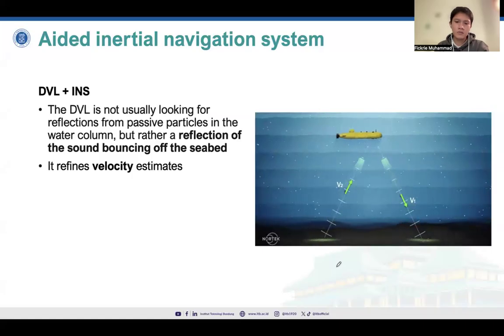The more turbulent the waters, the better the ADCP can measure, because it basically measures the Doppler shifts from the sediments in the water column. But in DVLs, rather than pointing upwards towards the water column, it relies on the reflections of sound bouncing off the seabed. So at the end, it refines the velocity estimates for the INS.